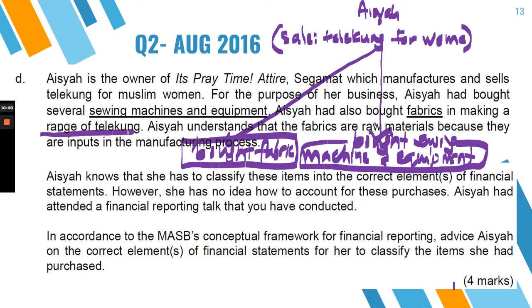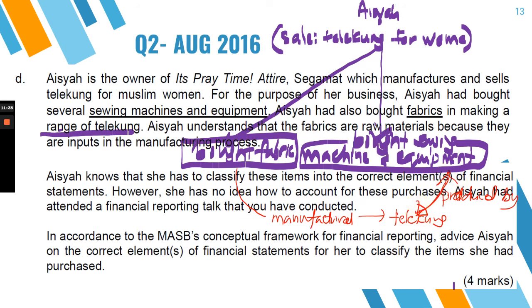The fabric that you have bought will later be turned into the finished good, and the finished good is telekung. So we bought fabric and it will be manufactured, and this will turn into the so-called finished good telekung, produced by the machine.